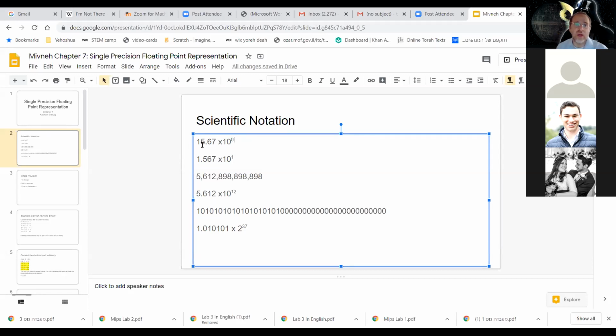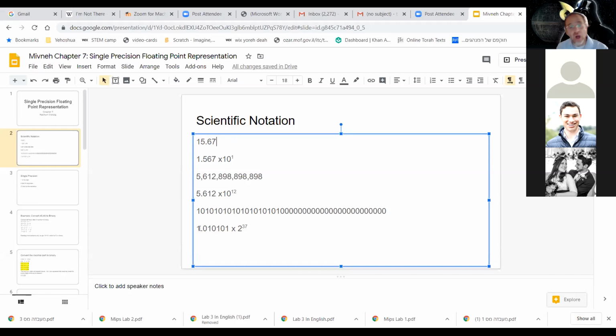We would never do that, not because we don't like 10 to the 0, but because we don't like 2 digits to the left of the point. We always go to 1 digit. So too over here, we're always going to go to 1 digit.